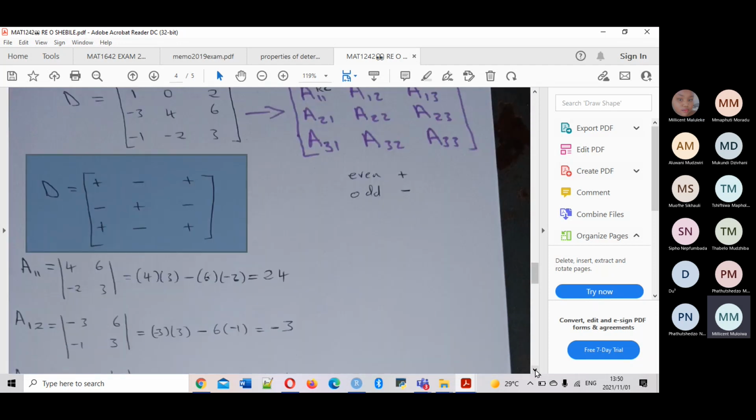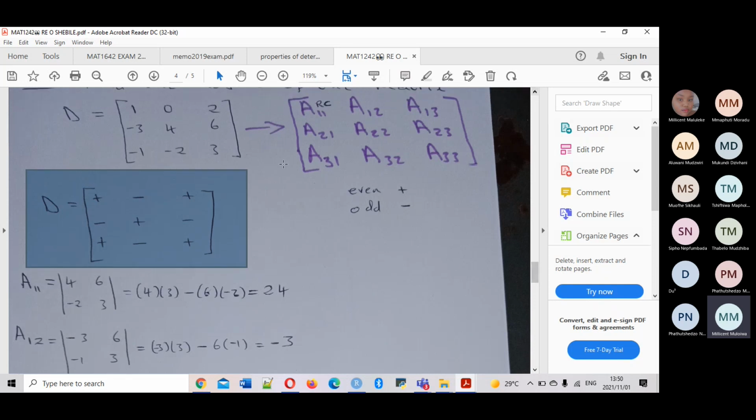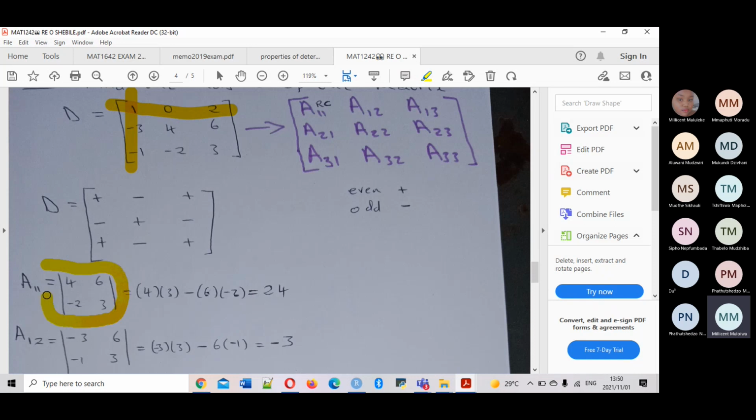So now we're going to find A11. In A11, remember, we draw a line like this. Then we write what is left inside here in a matrix and find the determinant.